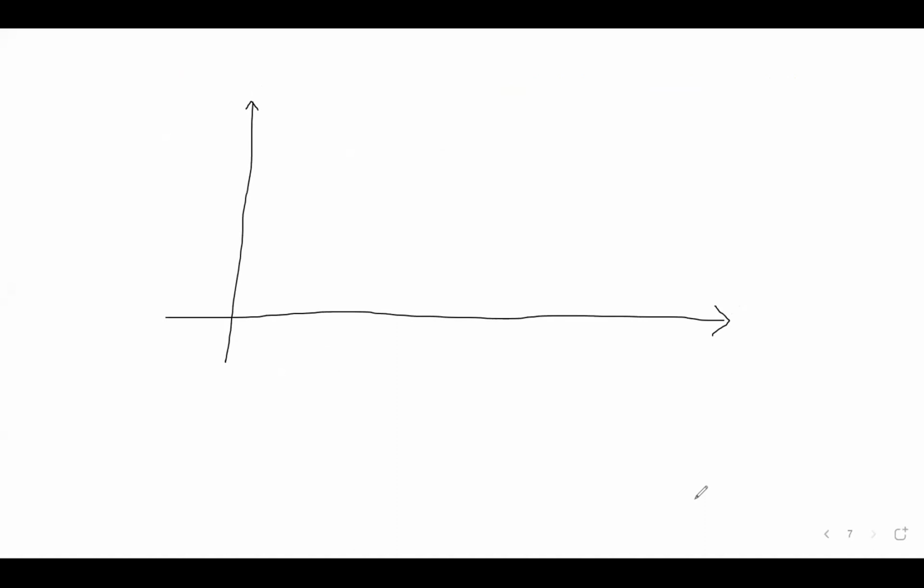I'm going to use a dummy variable t, and then here's going to be f of t. So between 0 and 1, we have 0, and let's just exaggerate this as 1. Here's 1.